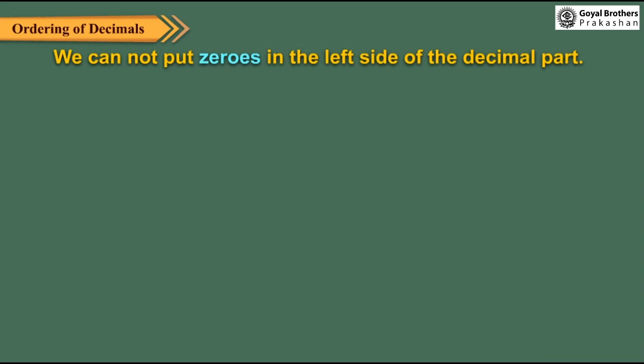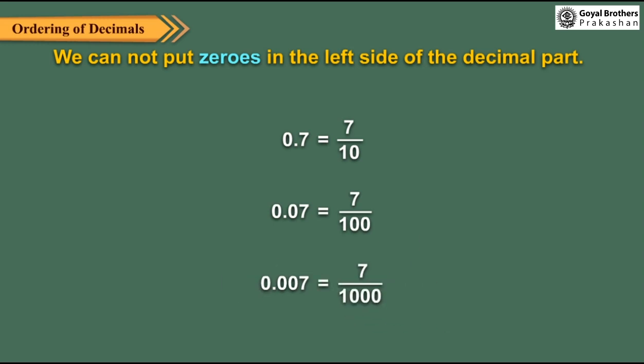For example, consider 0.7. It is 7/10. We cannot write 0.7 as 0.07 because 0.07 is 7/100. Similarly, 0.7 and 0.007 are different.